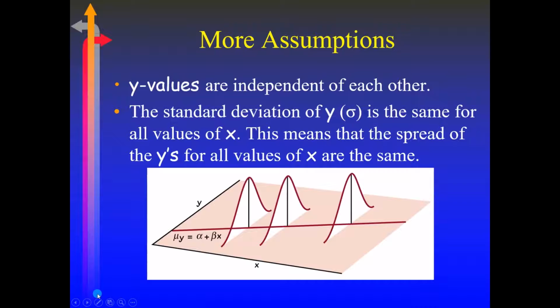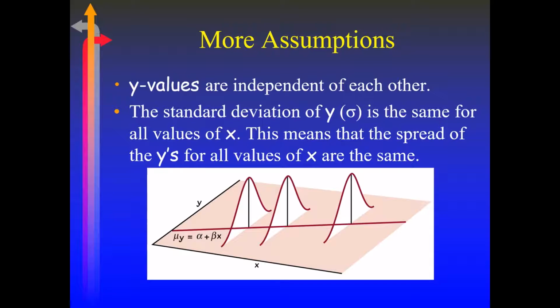Here's that same graphic. All that we're saying is that if we could fill this in with all the normal curves that represent the distributions of y at all the x's, it would again form a bread box or a tunnel, but that bread box or tunnel would be consistently spread out. It won't pinch in anywhere. It won't stretch out anywhere.